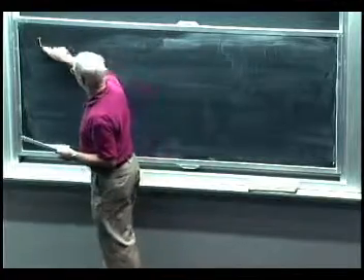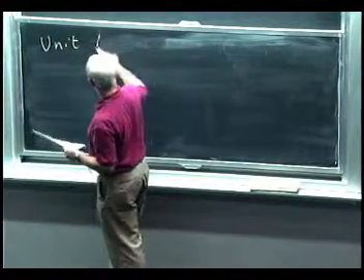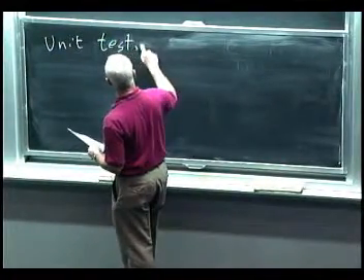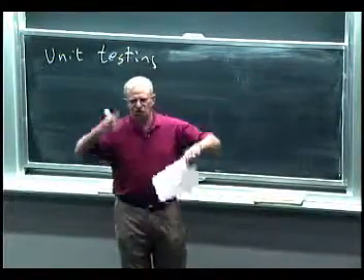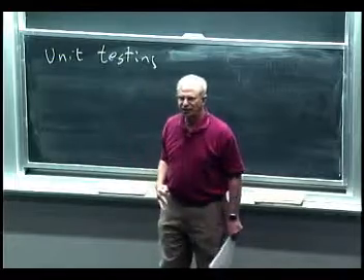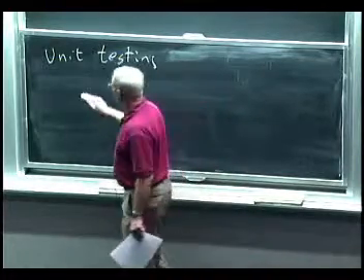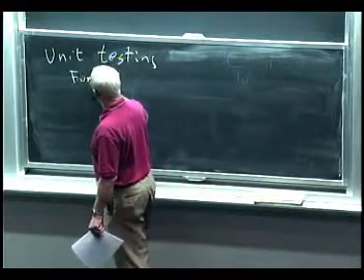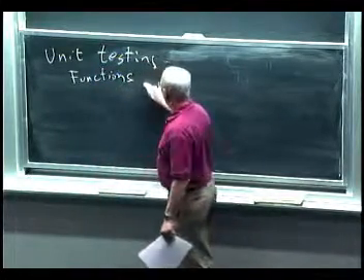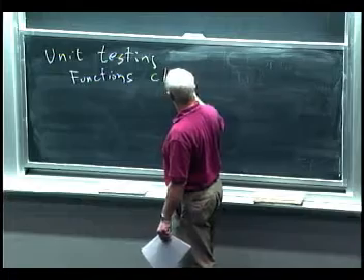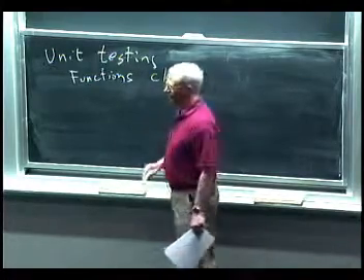There are basically two classes of testing. There's unit testing, where we validate each piece of the program independently. Thus far, for us, it's been testing individual functions. Later in the term, we'll talk about unit testing of classes.